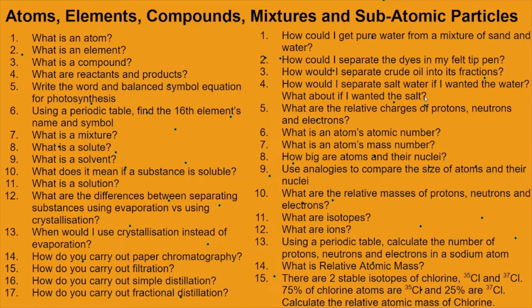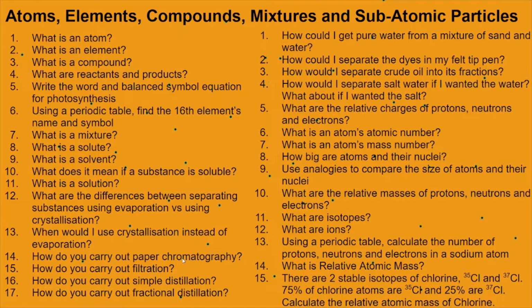But if you wanted the salt, you could use simple evaporation, or crystallization if you knew specifically that the salt didn't decompose under heat. The key here, when you're asked to name a separating technique, is you need to remember that crystallization is used to separate a soluble salt from its solution.